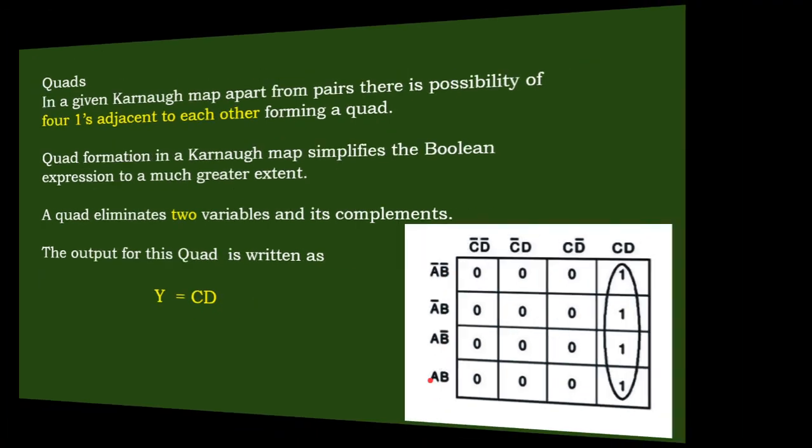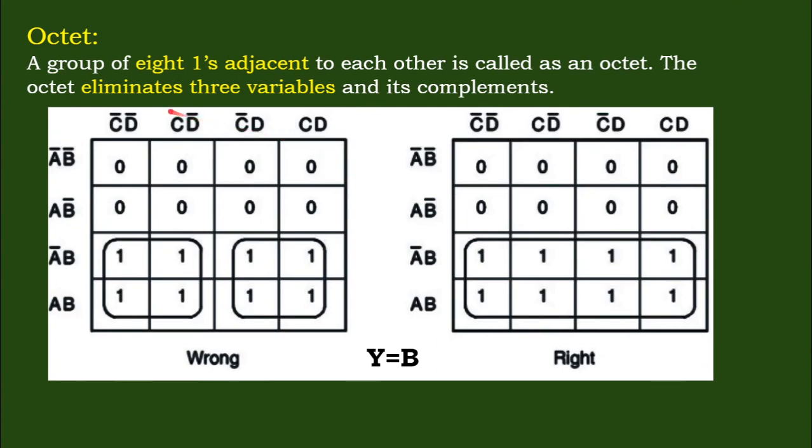Next one is the octet. A group of eight ones adjacent to each other is called an octet, and the octet eliminates three variables and their complements. So how do we group an octet? When you look for an octet in a map, you should first find the continuous place where the octet occurs.